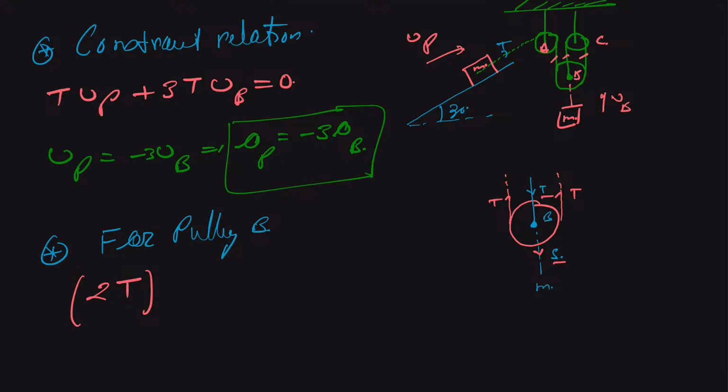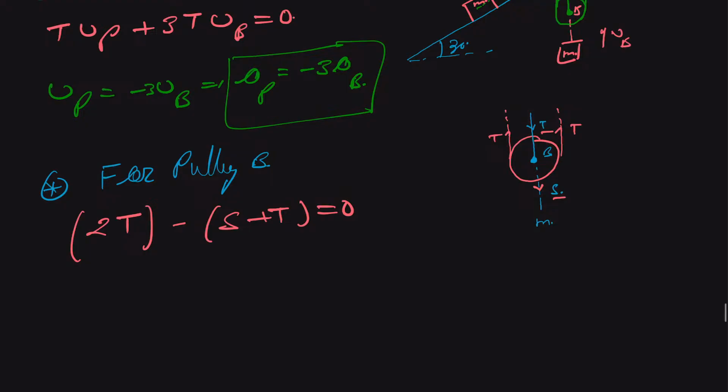So this is minus S plus T is equal to 0. And from here we can say that S is equal to nothing but T.